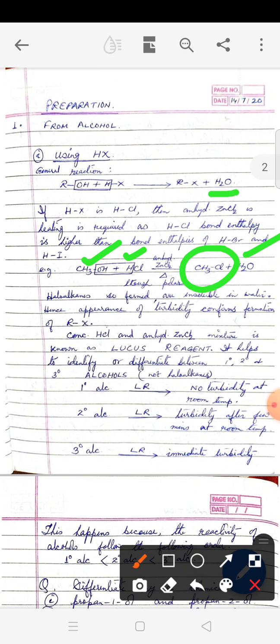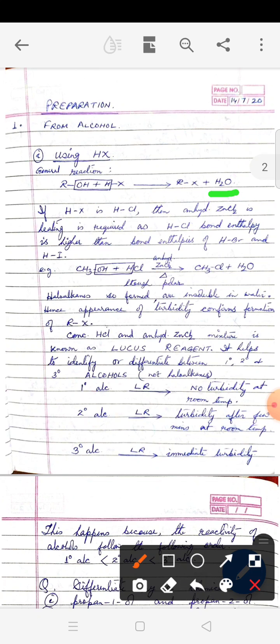Sorry, the water cannot be insoluble, water is the solvent only. So if the reaction has occurred, we will realize the progress of the reaction with the formation of precipitate. In other words, we say turbidity will be formed. So haloalkanes so formed are insoluble in water, hence appearance of turbidity confirms the formation of the product.